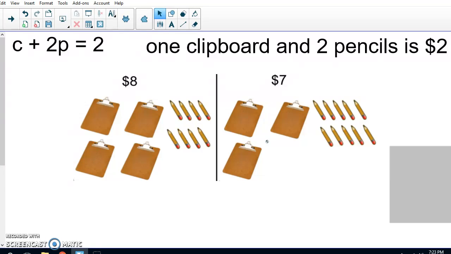Going back to our picture, we can use this as kind of a puzzle to cross off for every 1 clipboard and 2 pencils, that's $2 that we have spent.